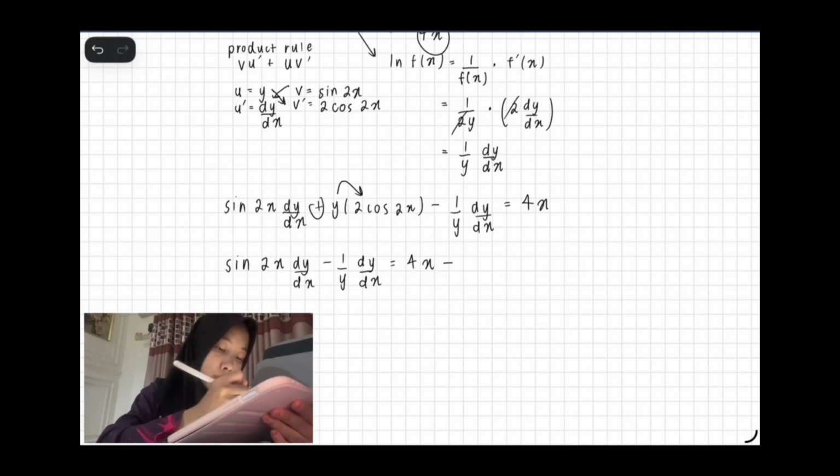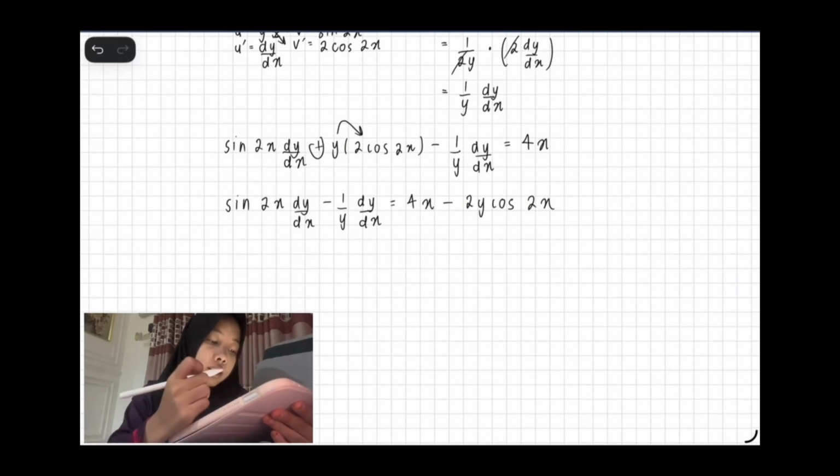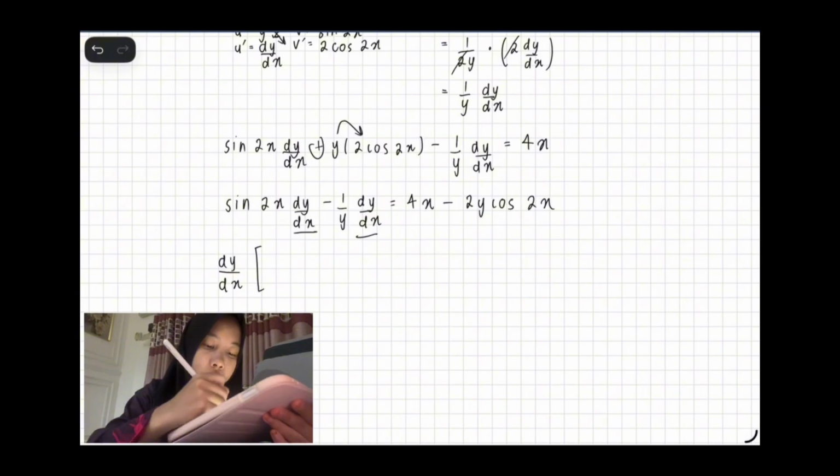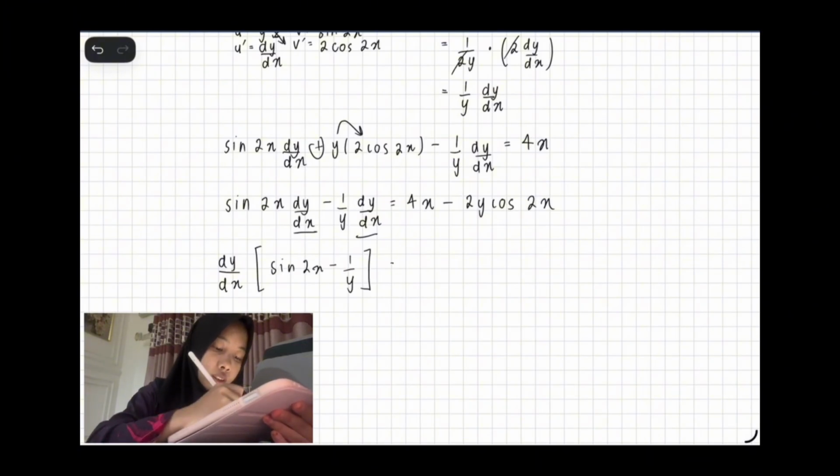factorize on the bracket, so it becomes 2y cos 2x, and then you have to factorize the dy/dx, so it becomes dy/dx times (sin 2x minus 1 over y) equals 4x minus 2y cos 2x.